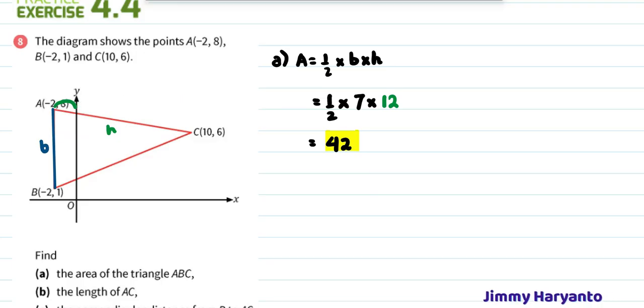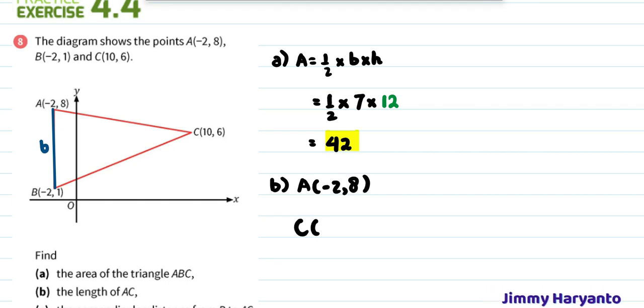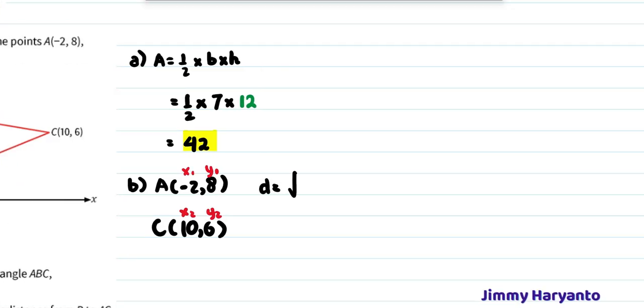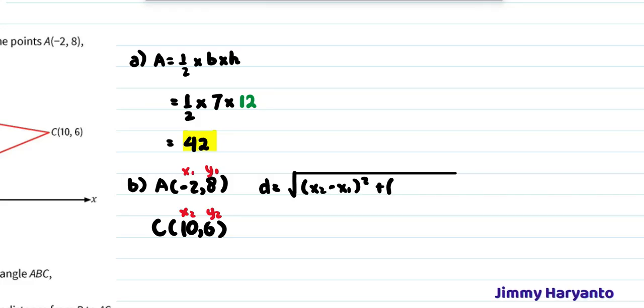Next is the length of AC. Which one is AC? Okay, let's find AC. So A is negative 2, 8, and then C is 10, 6. Let's say this one is x1, this one is y1, x2, and y2. To find the distance, the length of the sides, we'll use this formula: the square root of x2 minus x1 squared plus y2 minus y1 squared.